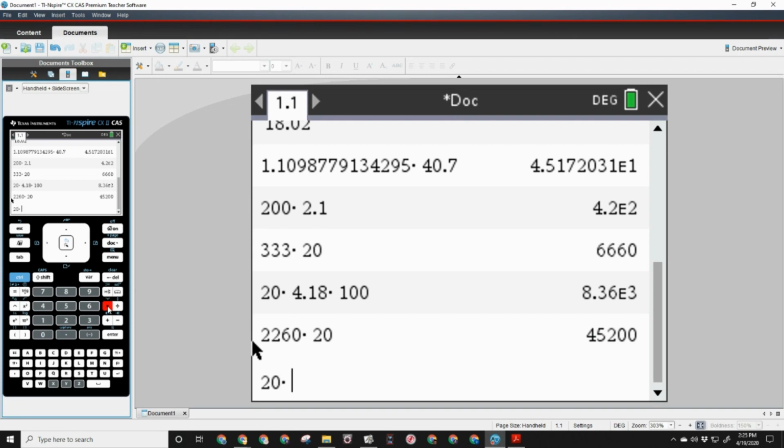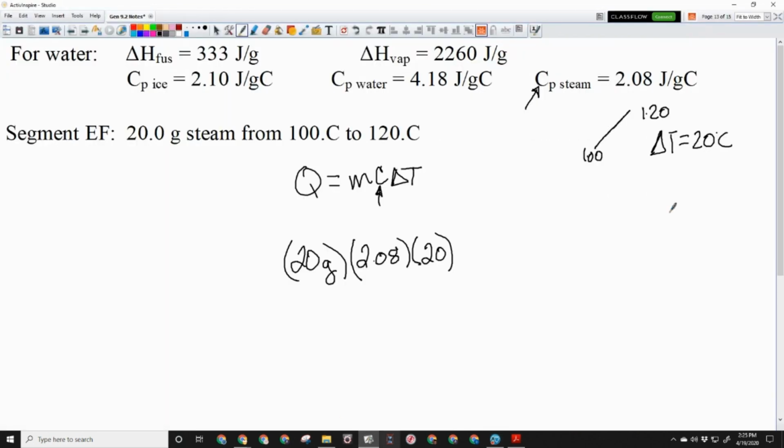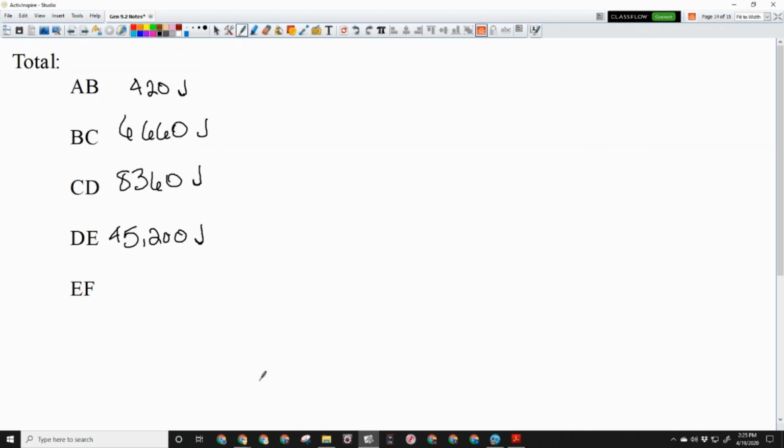That's going to be 8.32 times 10 to the 2. Let's make this standard notation. So we're going to move our decimal 2 places. So that's going to be 832. So let's add that to our list.